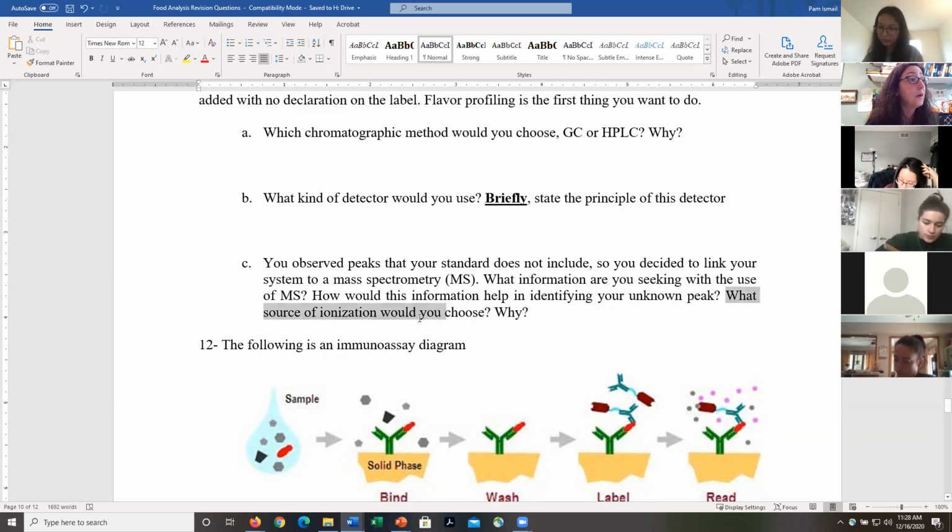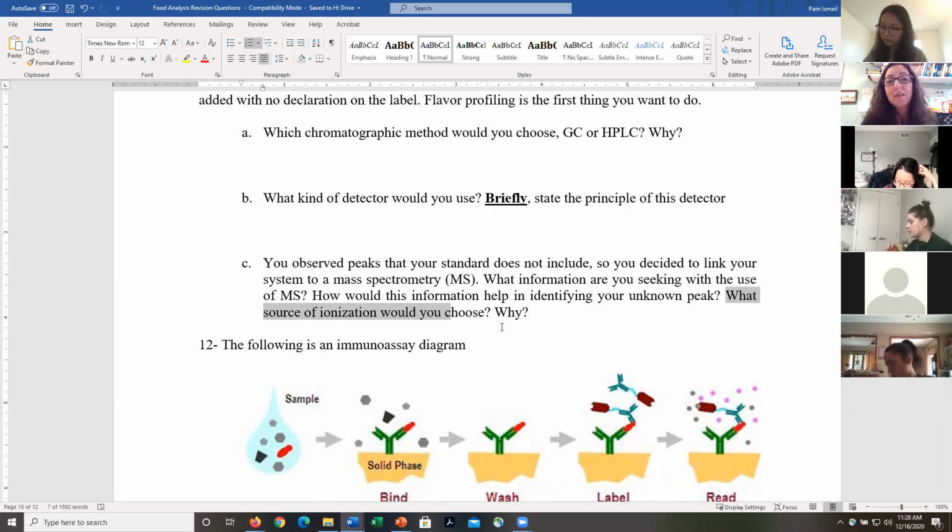So what source of ionization? Electron impact is the source of ionization with GC. Try to remember that. You can use chemical ionization, which is soft ionization, with GC, but if you use electron impact, you get more fragments, you get more information. You cannot use electron impact with LC.